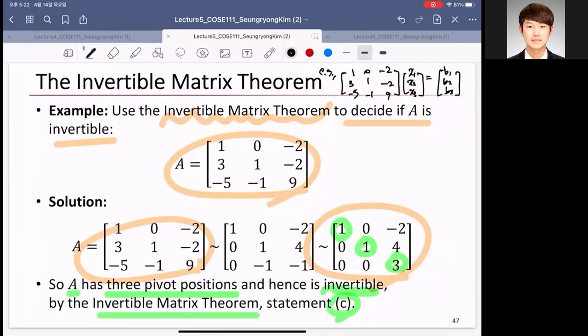So without considering vector b, by just checking whether matrix A is invertible or not, you can find the solution of your linear system by A inverse times b1, b2, b3, because matrix A is invertible, right? So that's a way to use this invertible matrix here, right?